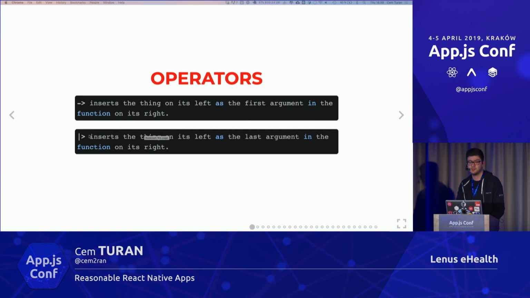And Reason ML and OCaml already have these features. These are two variants, and they allow you to put either the argument on the left or right hand side of your function arguments.